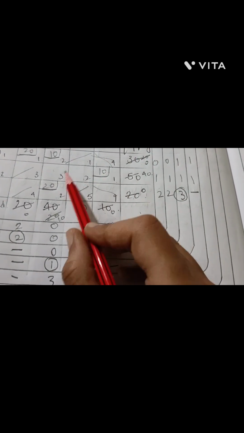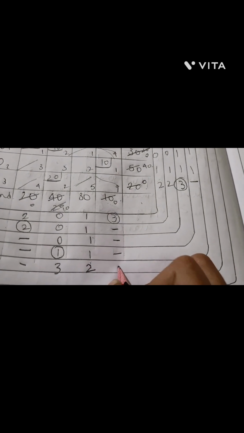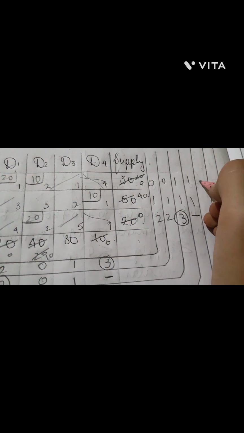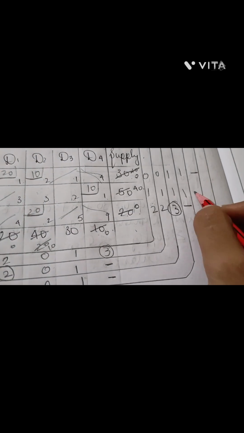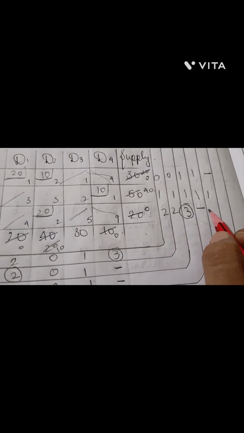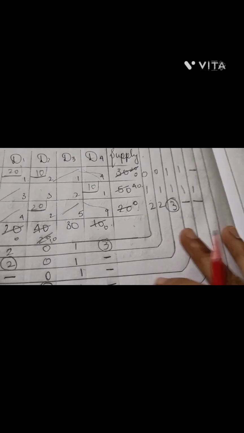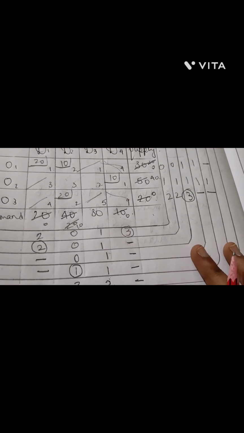Now since we have only this one cell left, I'm going to take 2 here as well, and here it is nothing as usual. Here also, since this got over completely, this is a dash, and here it is 1, and then here it is okay dash. So this much is done.